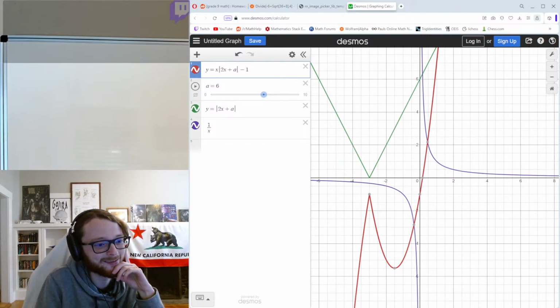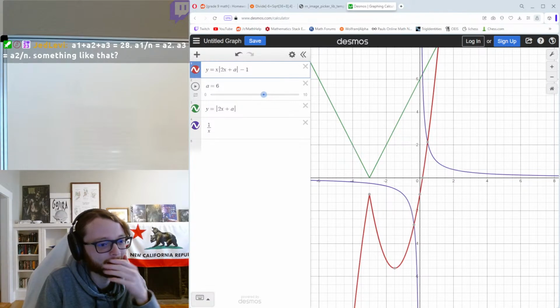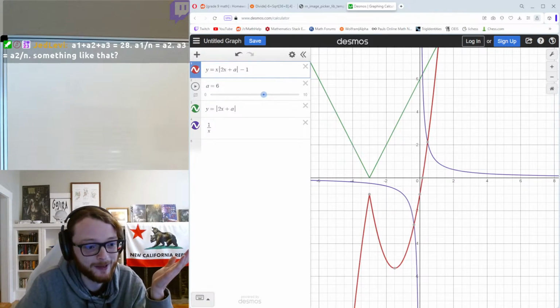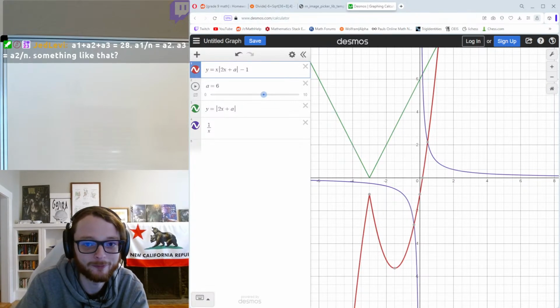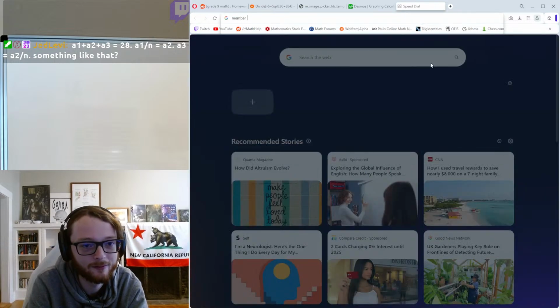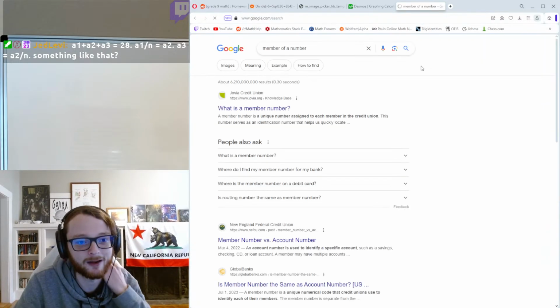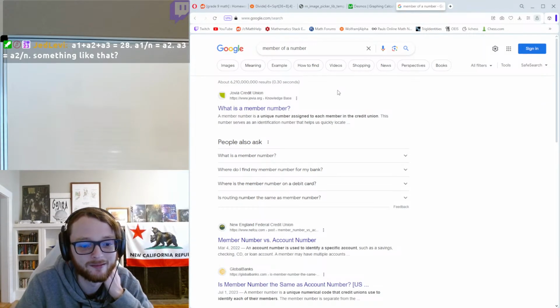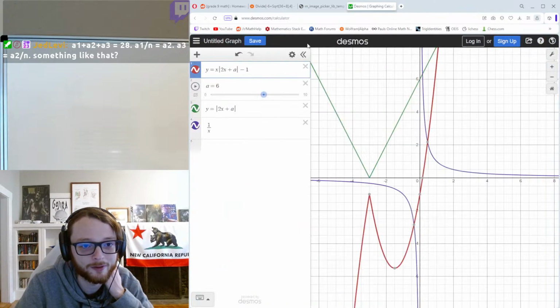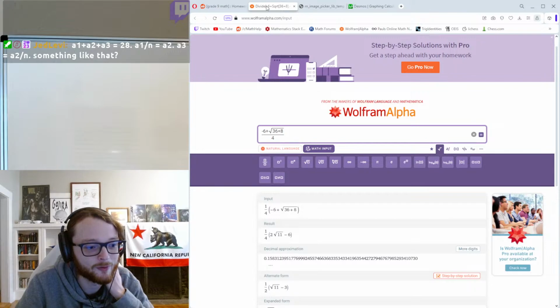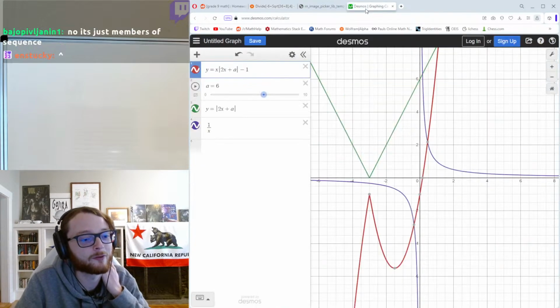That's so weird. So the first three members of 28, is that the first three factors? Like, what is a member of 28? I assume it must be factor. Just members of a sequence? Oh, members of the sequence. That makes more sense. You're right.